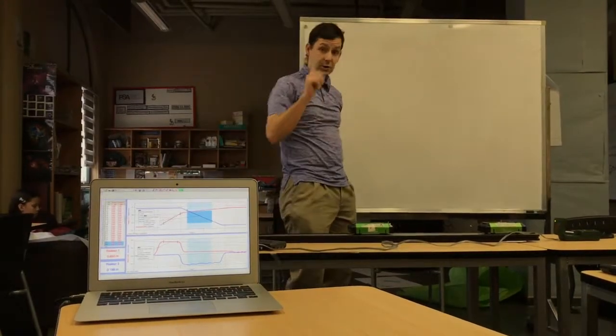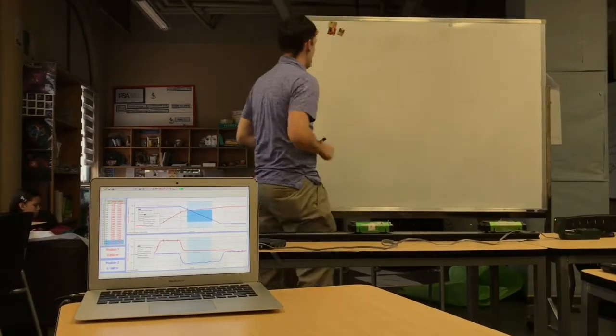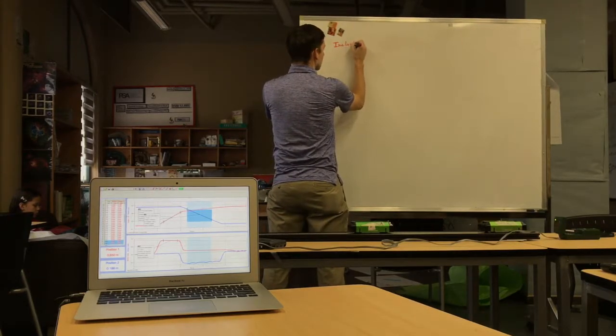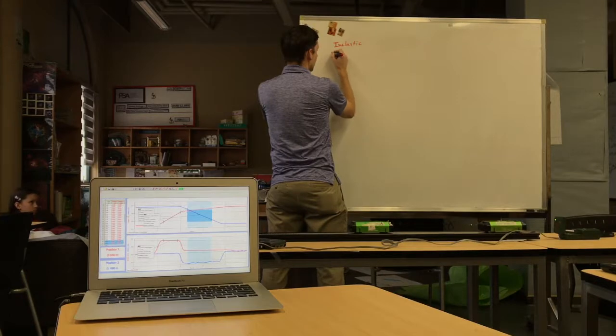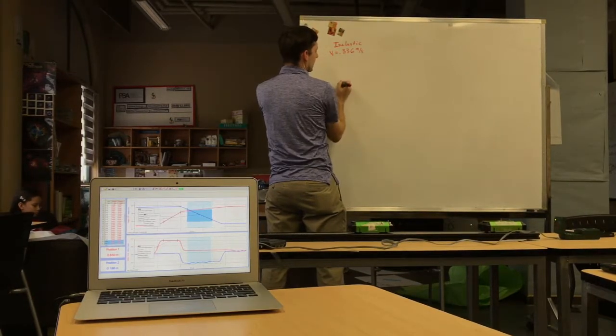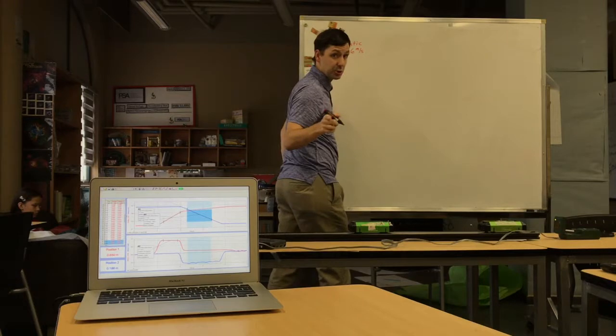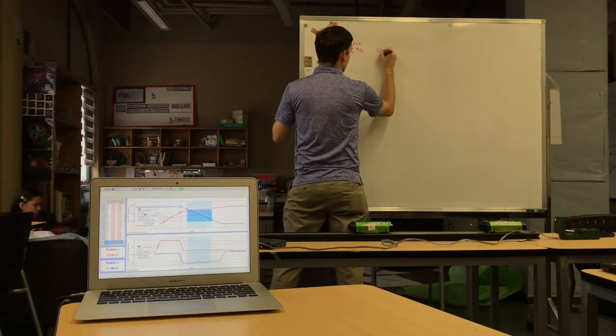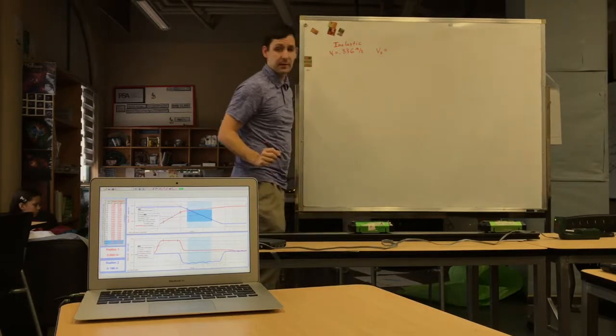We've got our first situation, which I said was inelastic. Cart 1, before the collision, had a velocity of 0.336 meters per second. Cart 2, after the collision, had a velocity of, what was that number there, Callista?